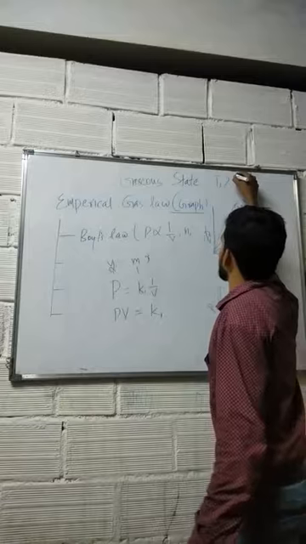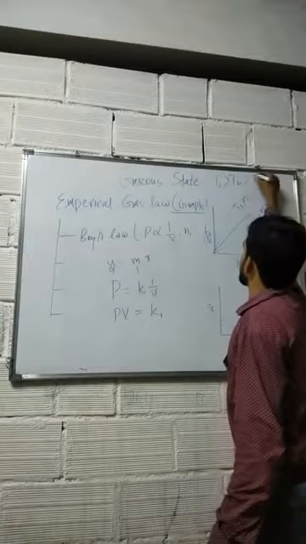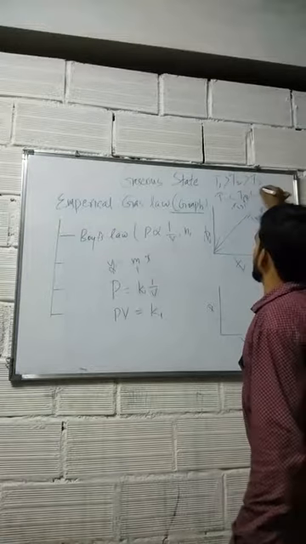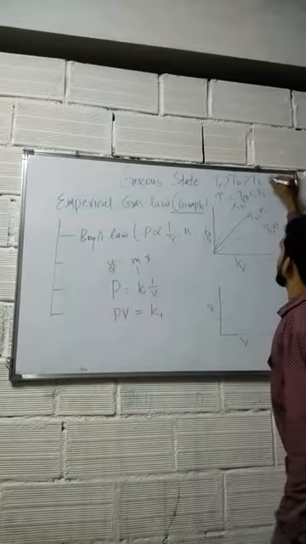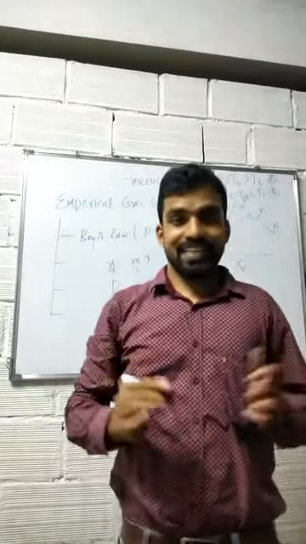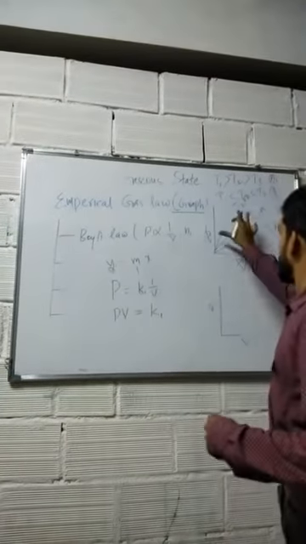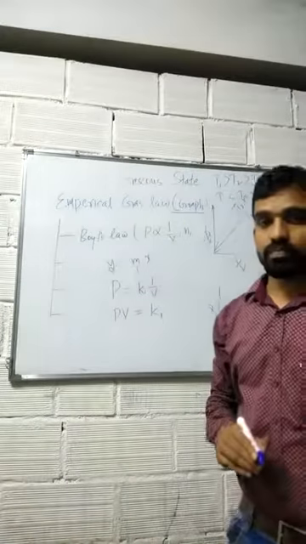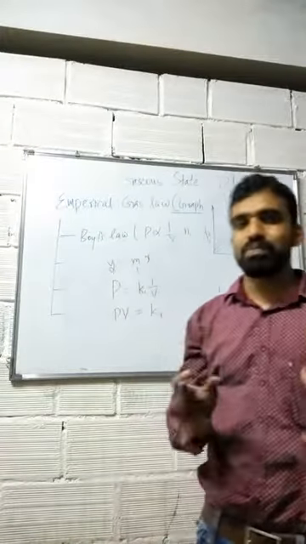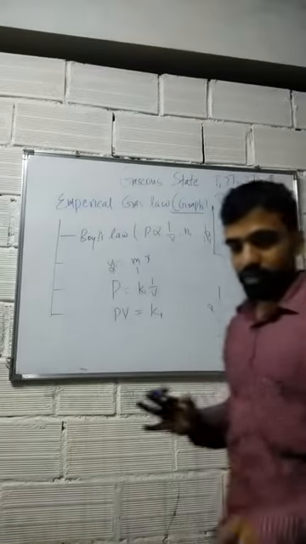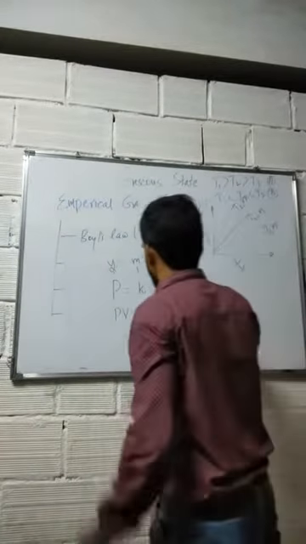T1 is greater than T2 greater than T3, or T1 less than T2 less than T3, say A and B. Which of A or B is correct with respect to this graph? This is very simple. This can be easily explained.